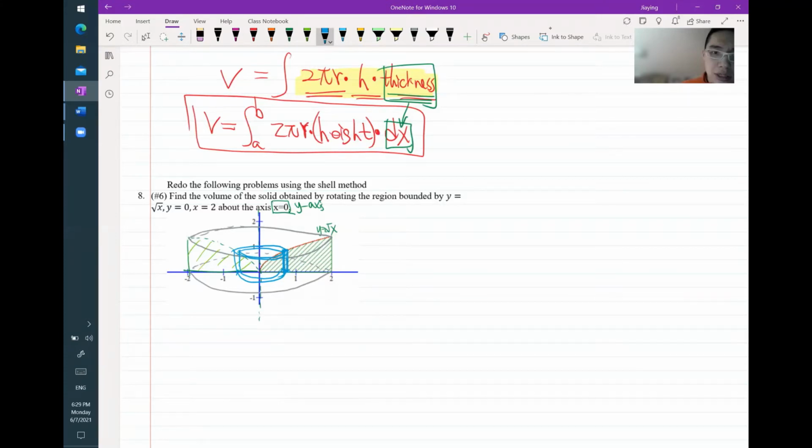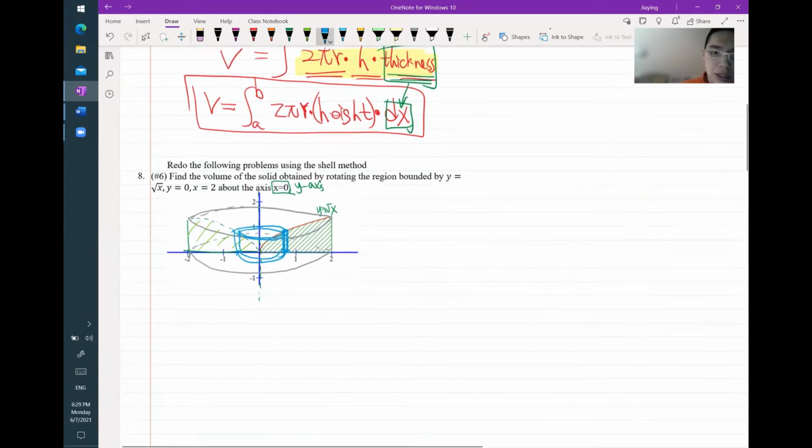It's still a cylinder, a small cylinder. If we take this rectangle and rotate it, we get a shell, and if we take this rectangle and rotate it, we get a shell. Doesn't matter, right? We get a lot of shells. If we stack them together, we get the solid. Let me erase this. So that's the idea. Let's just focus on this one cylindrical shell that I have in the middle. I'm going to copy it down below here.